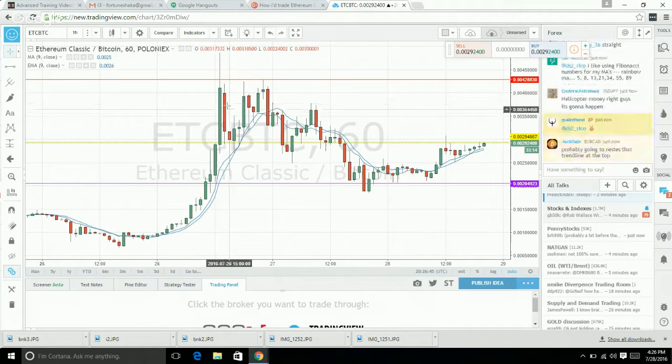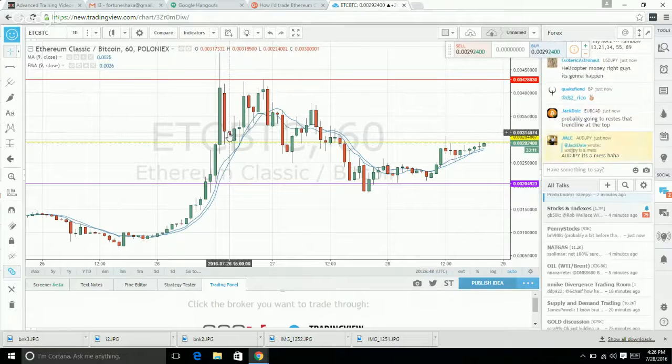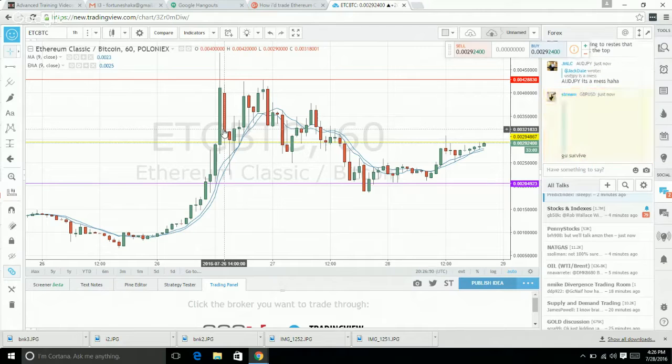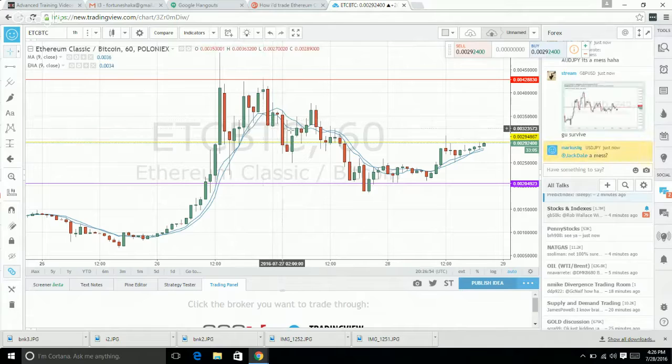It came here, it opened here, it closed here. Right? It consolidated, not really tight, but it started to. It dropped. It's consolidating again. Now it's trying to test this range. Right?